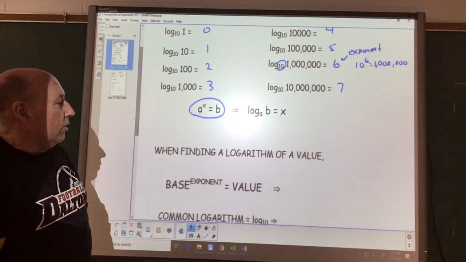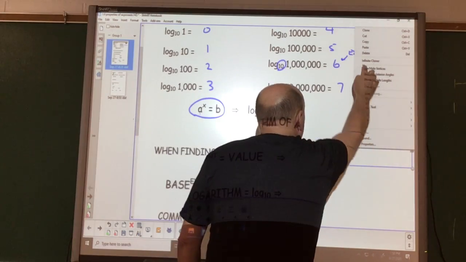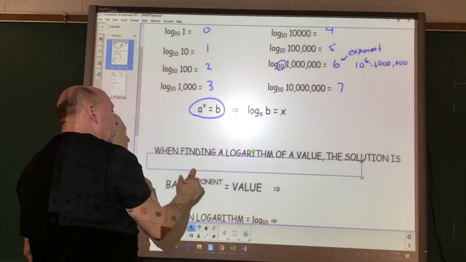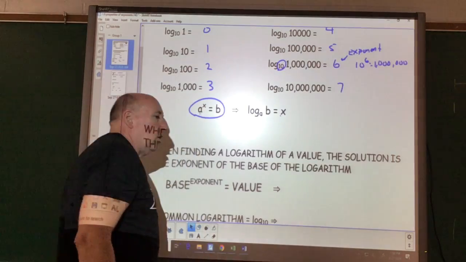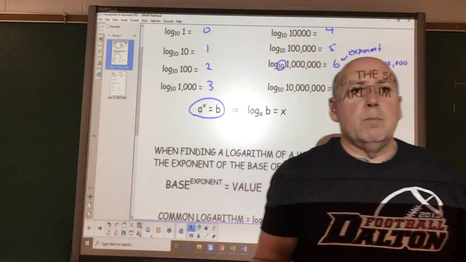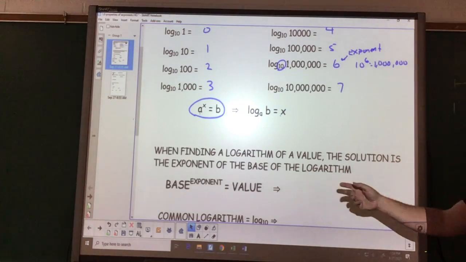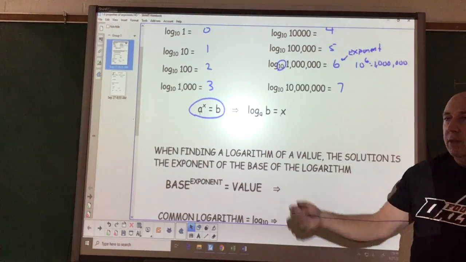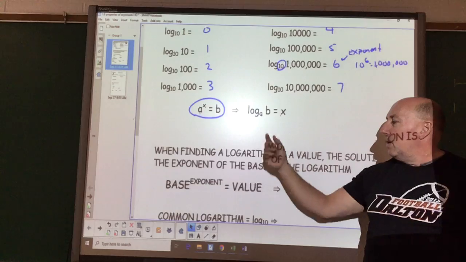When finding a logarithm of a value, when you hit the log button on the calculator, the solution that comes up is going to be an exponent. So the solution is the exponent of the base of the logarithm. So we have a logarithm here, we have a base, and then we have a value.